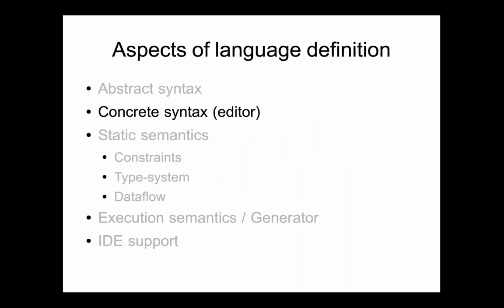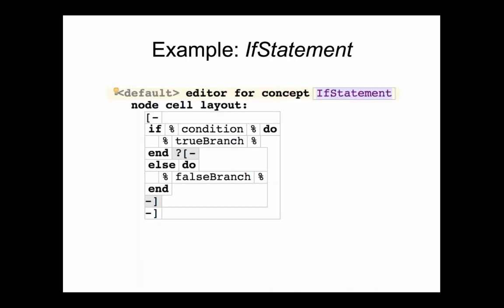But once you have that, you have to define the editor. You have to define how this is visualized to the user, how the user will interact with the AST, with the model. So for an if statement, let's continue with the if statement. The if statement in the robot language has an editor definition that looks like that.